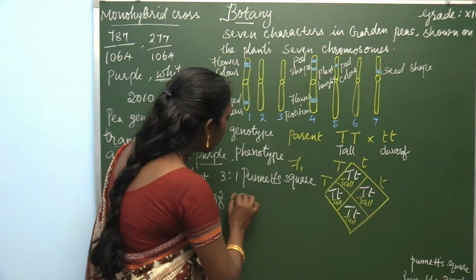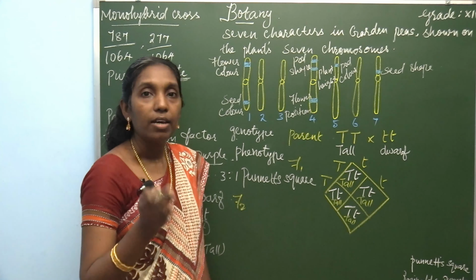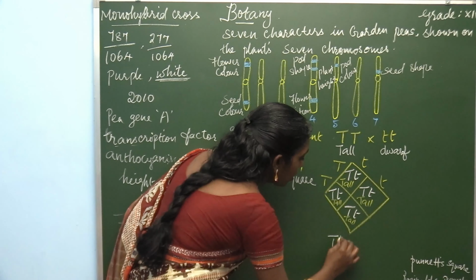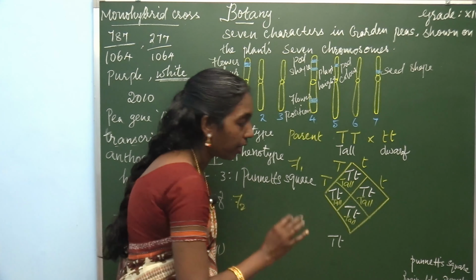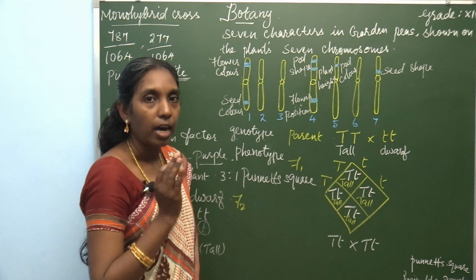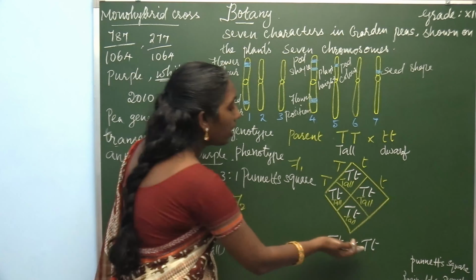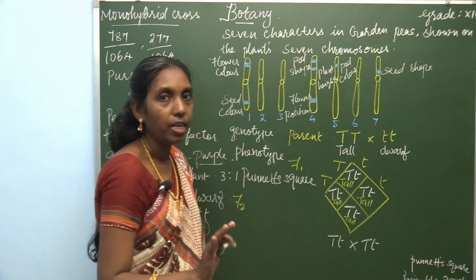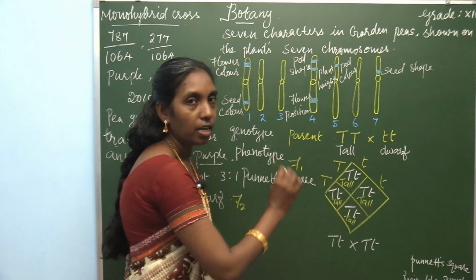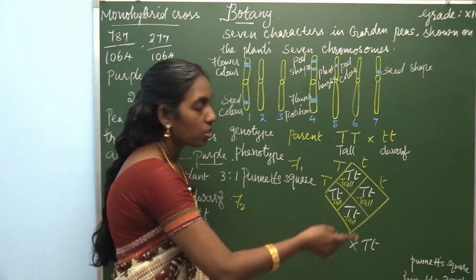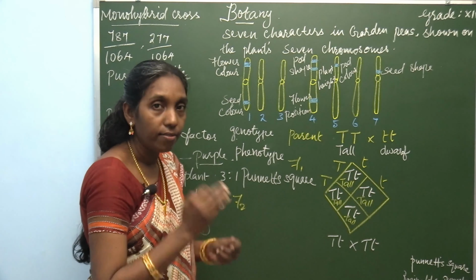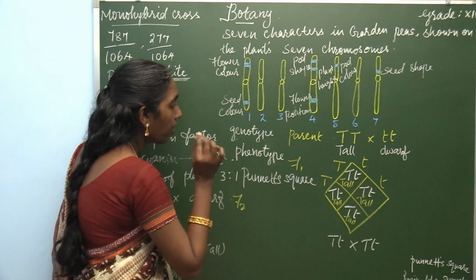But for the F2 generation, the F1 generation is selfed, hybrid with hybrid. The parents are true breeding, but the F1 is hybrid, and when selfed it produces the F2 generation.